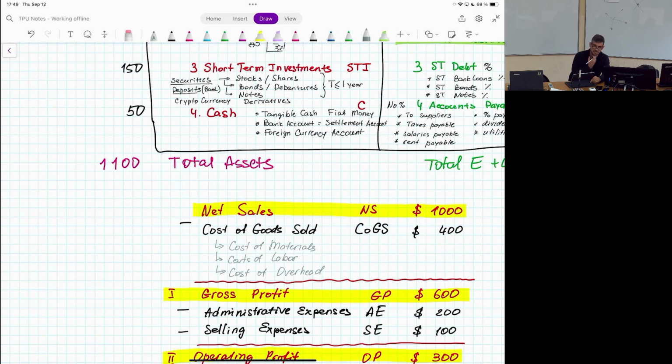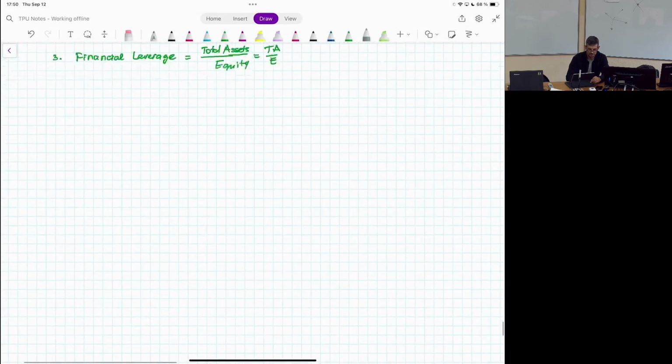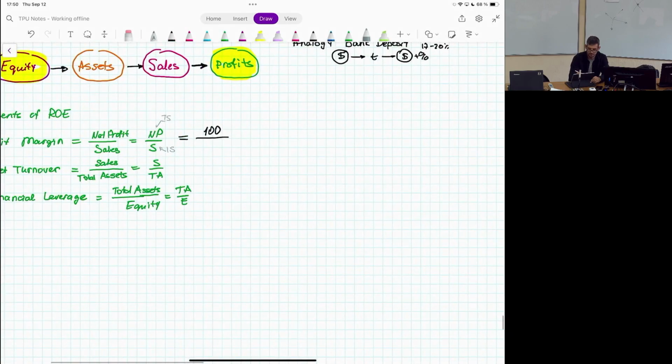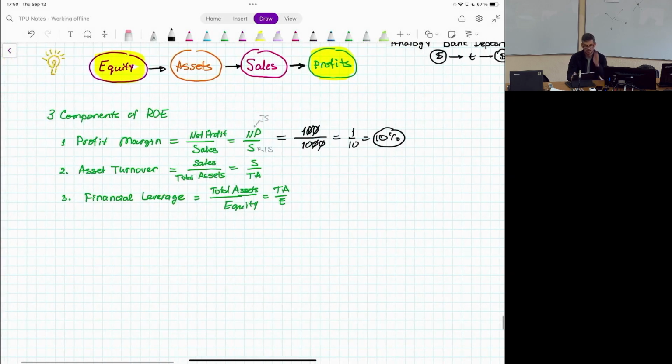Net sales means it's clean sales. Okay, so it's 1,000. So we put here our 1,000. And that gives us what? 10%. Yeah. 10%, 1/10, or 10%. So 10%. So now let's translate.